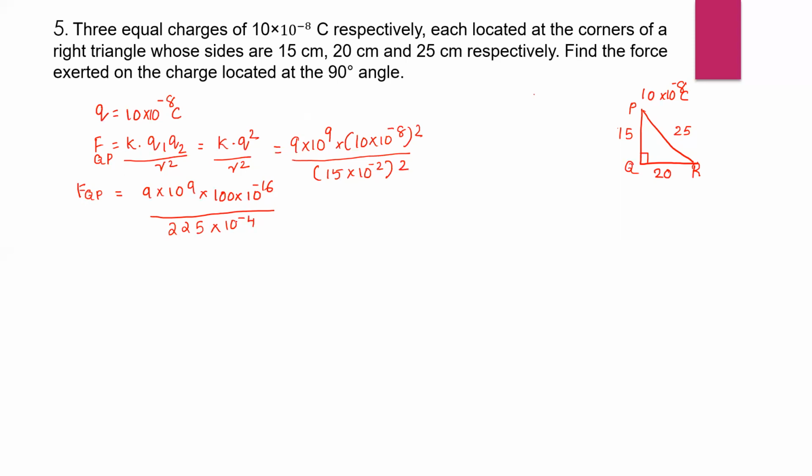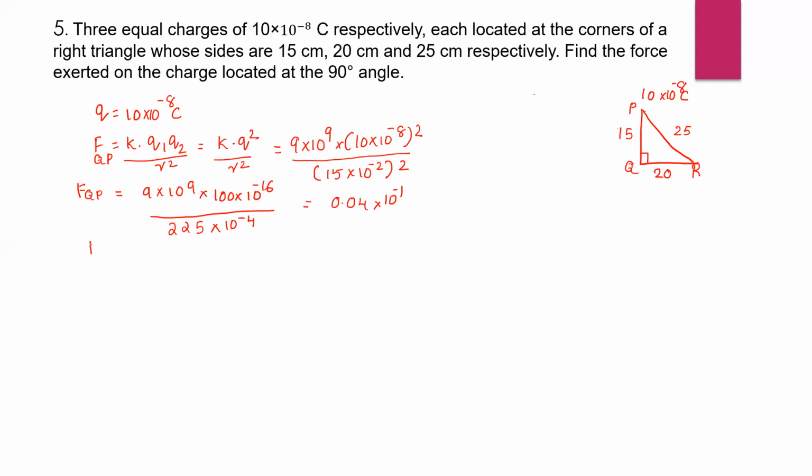Minus 4 when we take to the numerator will become plus 4. 9 plus 4 is 13. 13 and minus 16 is 10 raised to minus 3 will come. On solving, 9 into 100 upon 225, we will get 0.04 into 10 raised to minus 1.